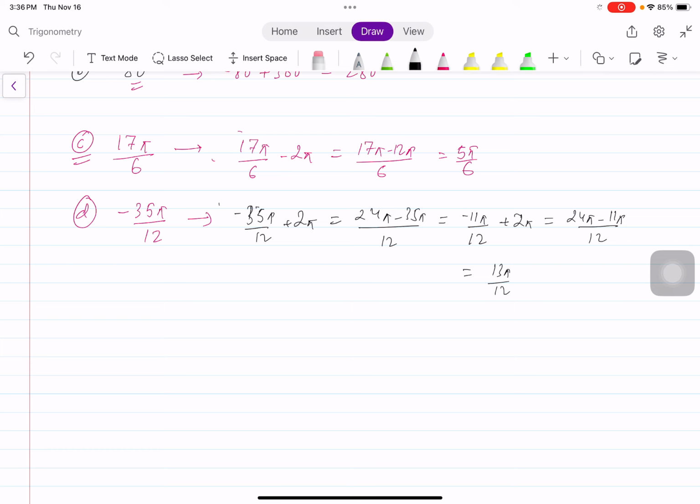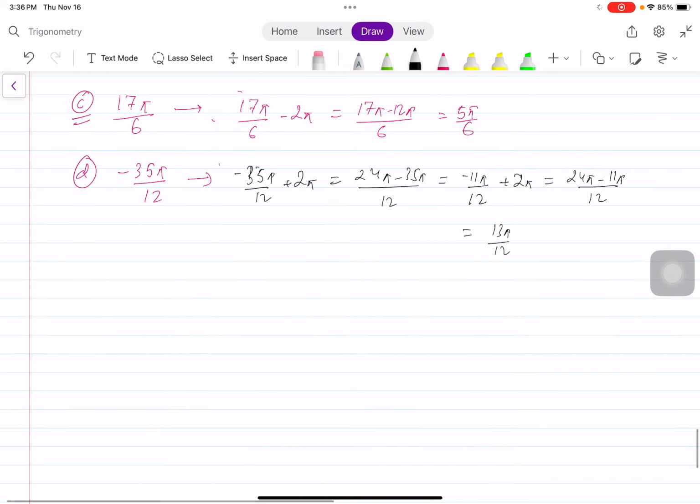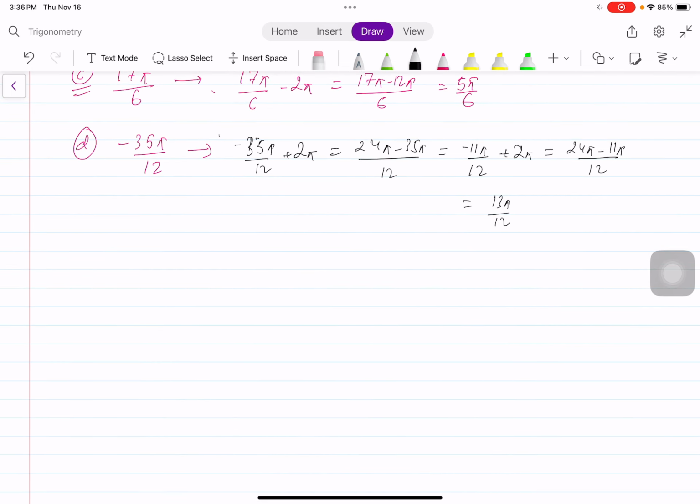Now in my next problem we will compute the arc length of a sector of a circle. So first of all, what is a sector of a circle? Definition: given a circle and two rays, say this is radius r up to here and this is arc length s.